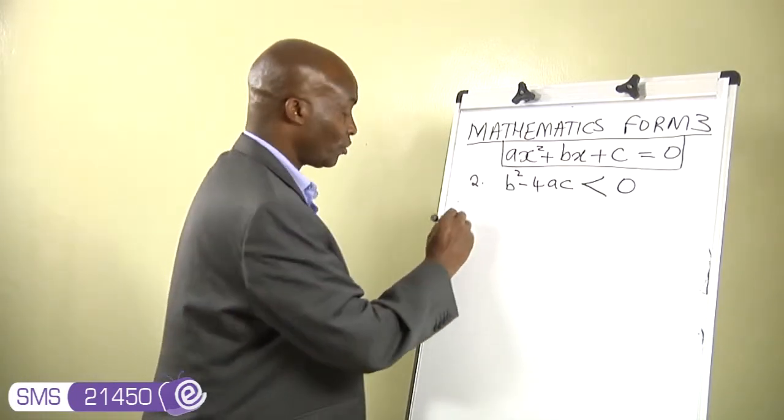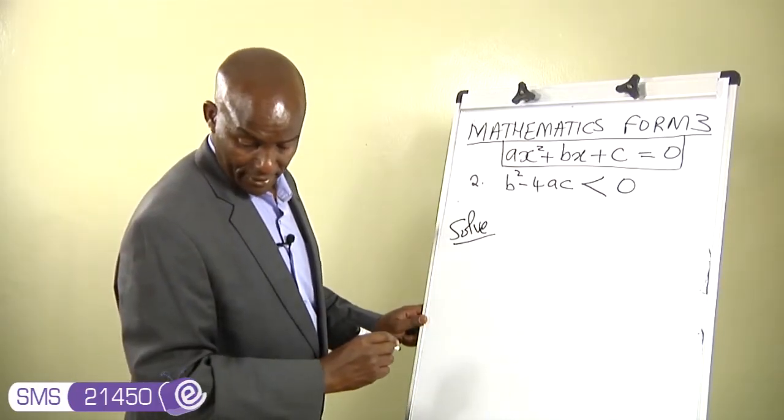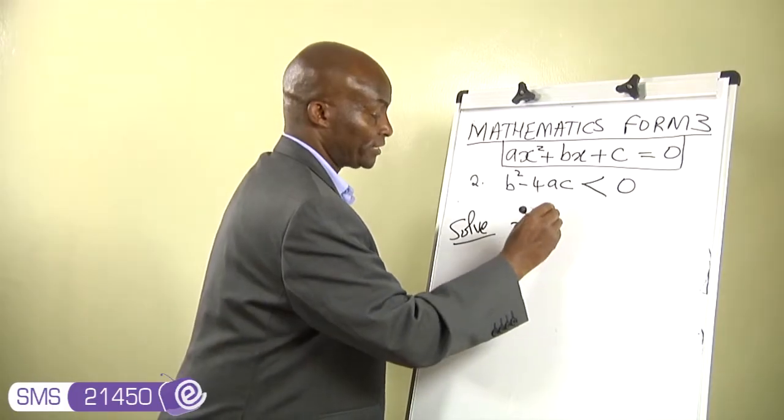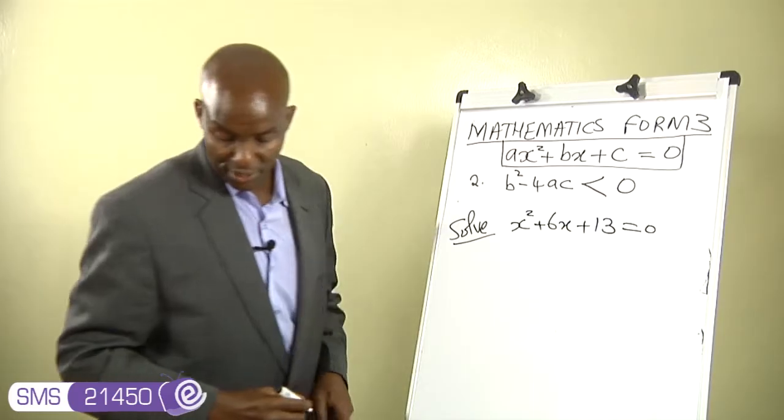Let's solve x squared plus 6x plus 13 is equal to 0.